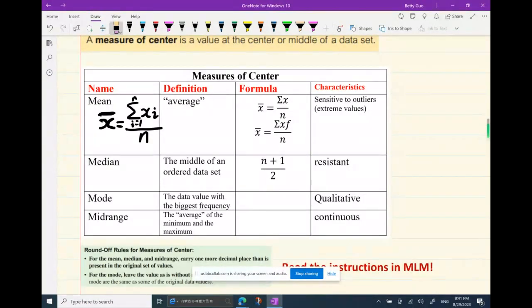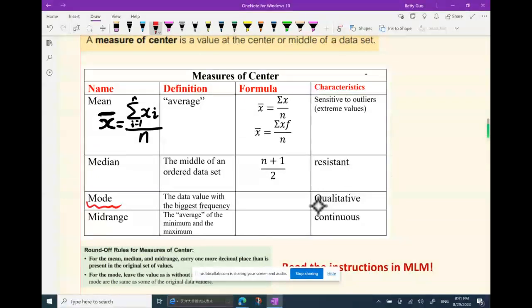For example, the data you collect are people's eye colors: brown, green, blue, hazel. How do you take a mean? Can we add them up and divide? No, we can't, right? How do we find the median? We cannot even order them, so we cannot do anything. In that case we need a mode.